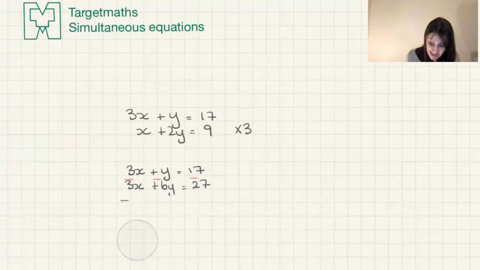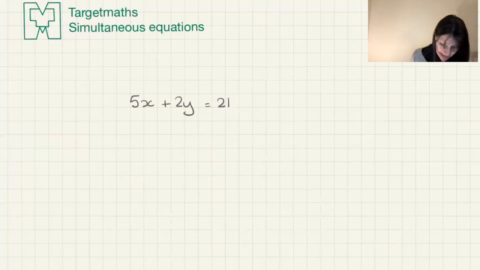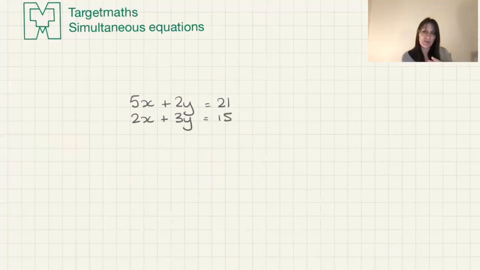Okay, everybody, whether you've had a try or not, I want you now to pause with this new question. Okay, and I want you to have a go. Remember, that first step is all about matching the first 2. So what have you got to do to match the first 2?